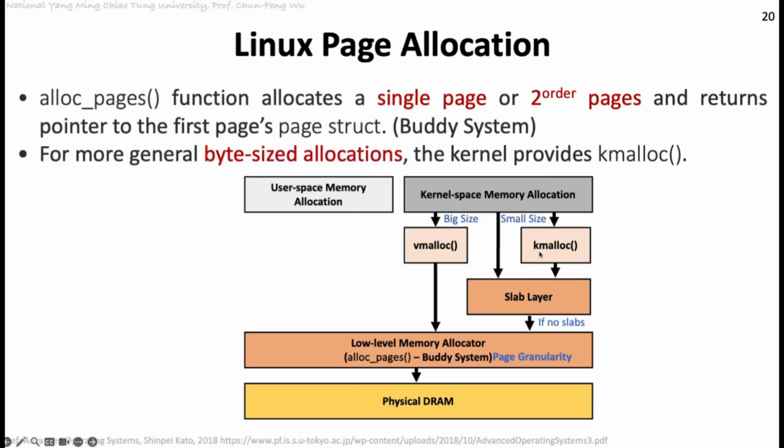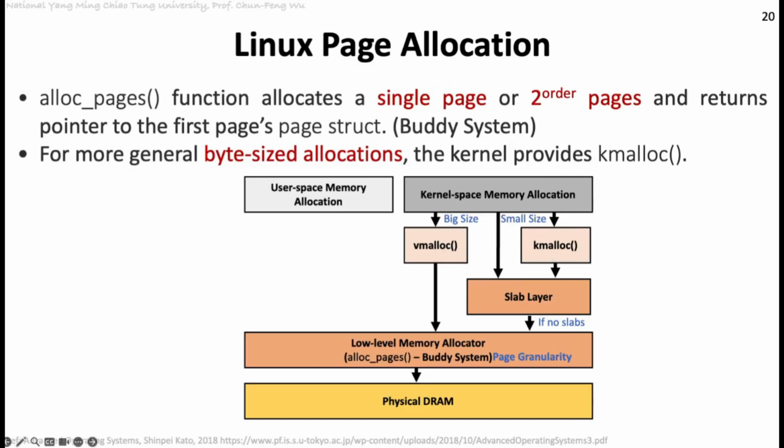There is also another one: if the kernel is going to get a larger size from the physical DRAM, we can use vmalloc. Usually we're going to allocate several megabytes or gigabytes, and then we can pick this kind of virtual memory allocation. But for most of the kernel data structures, in most cases, we will go for kmalloc.